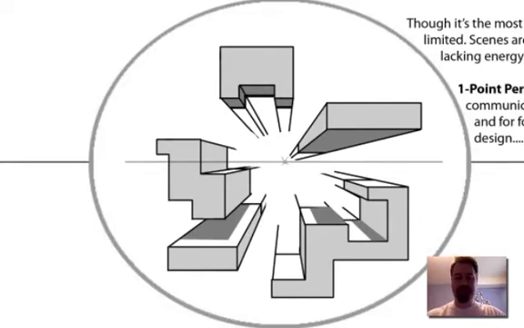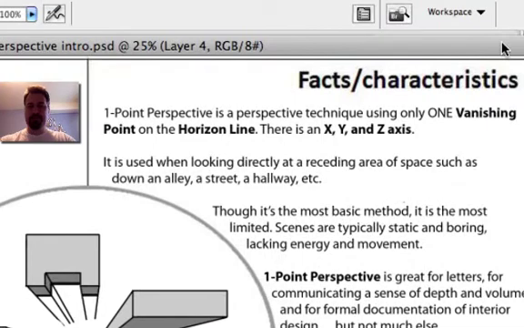I thought it would be just kind of fun to change things up and make really weird, irregular looking shapes, which is perfectly possible. One-point perspective, if we look at it and break it down, is simply a perspective technique that uses only one vanishing point on the horizon line. Not that hard, is it?